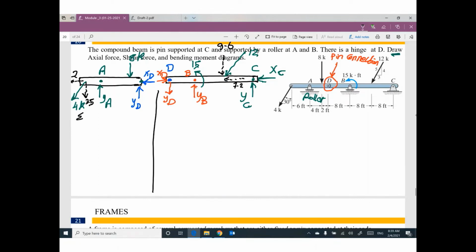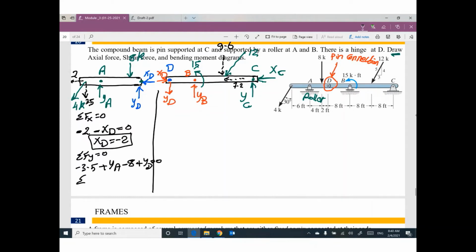Apply summation Fx equals 0. So we have negative 2, we have negative XD equals 0. So XD will be negative 2. Summation Fy equals 0. We have negative 3.5, we have positive YA, we have negative 8, we have positive YD equals 0.